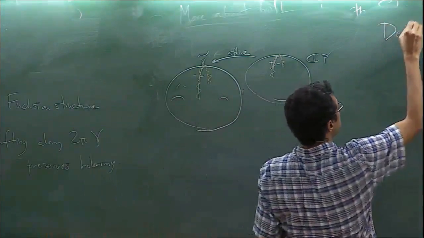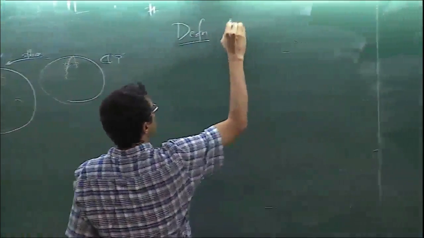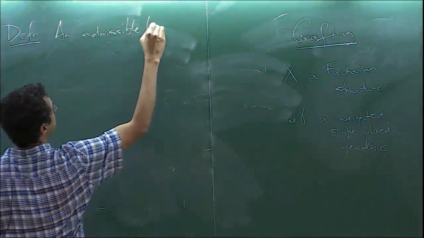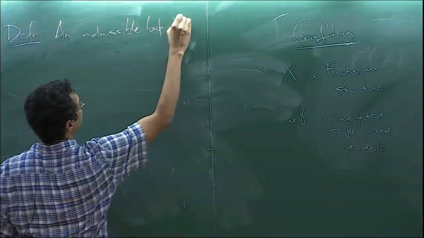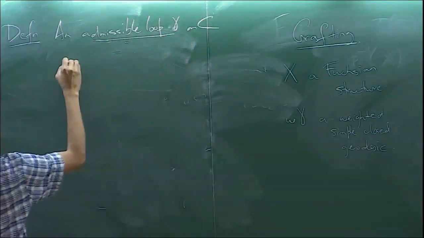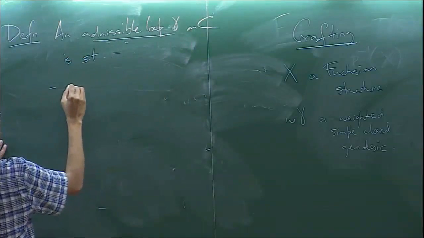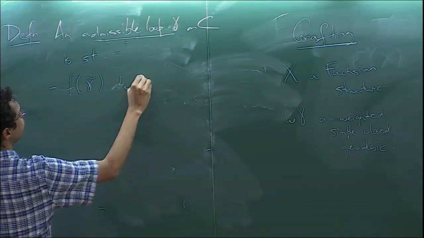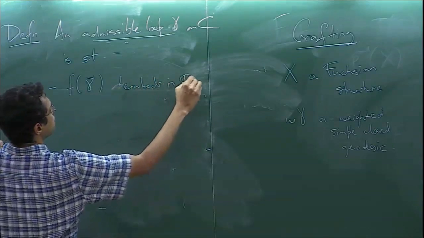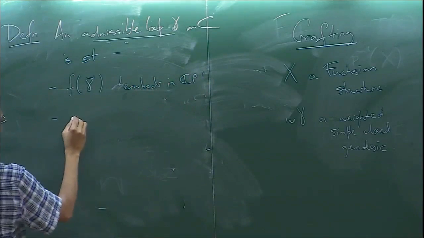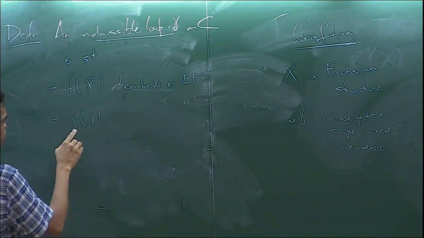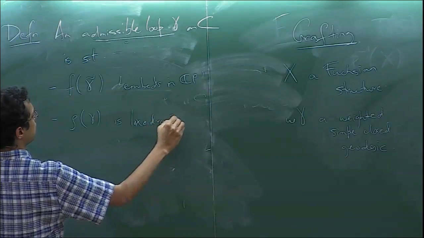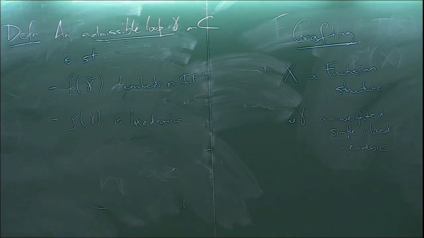So these arcs, let me give a definition. An admissible loop gamma on C is one such that, firstly, the image of the developing map embeds in CP1. It doesn't intersect itself, and for technical reasons we also need rho of gamma to be loxodromic, so it has two distinct fixed points.